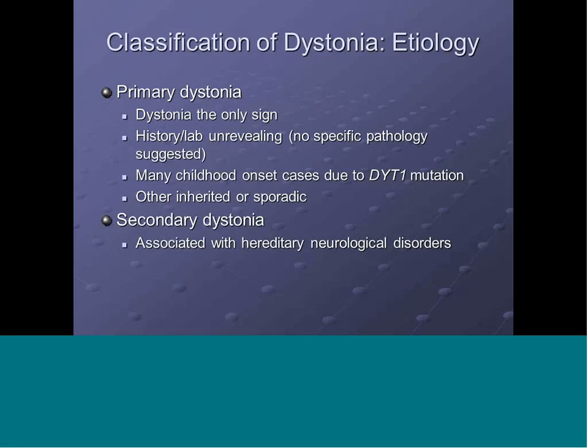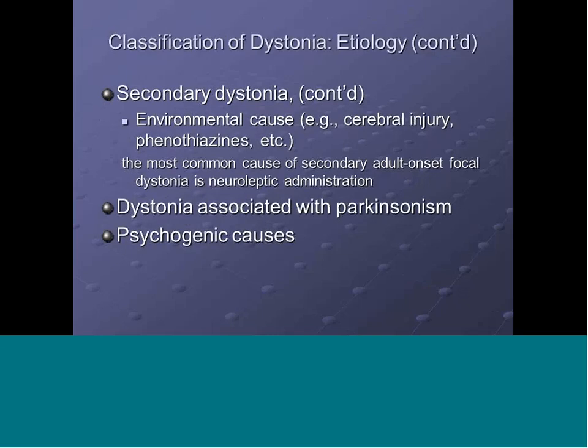Usually there is a childhood onset, which is associated with DYT mutation, and then secondary dystonia, which is associated with any hereditary or neurological disorders, and can be associated with cerebral injury, neuroleptics. Otherwise, it can be seen in Parkinsonism, such as multisystem atrophy. Actually, if you see dystonia with Parkinsonian features, you think about atypical Parkinson's, and then psychogenic causes.